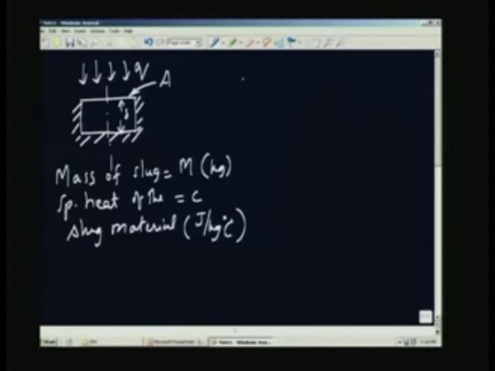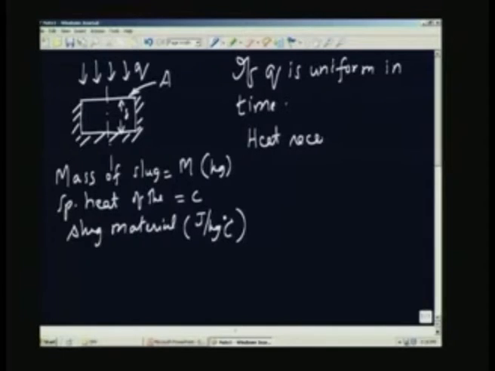If Q is uniform in time, it is uniformly impinging on the front surface of the slug, the heat received is nothing but QA per unit time, per second.